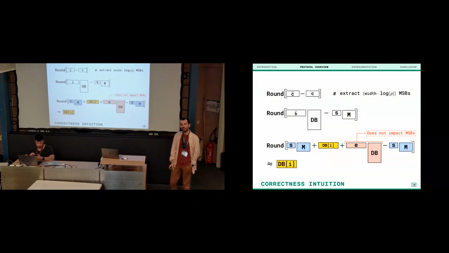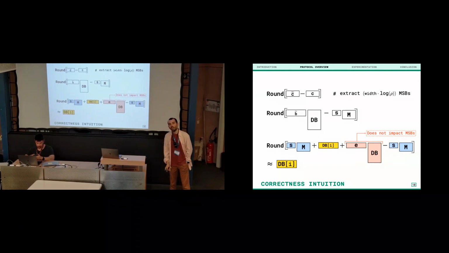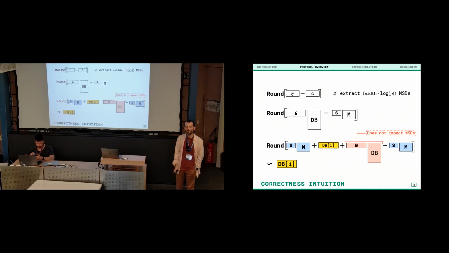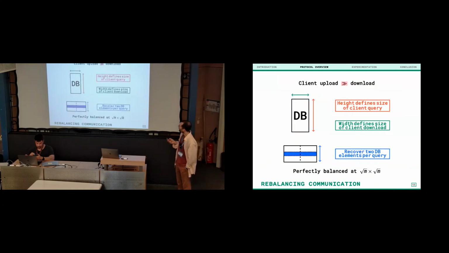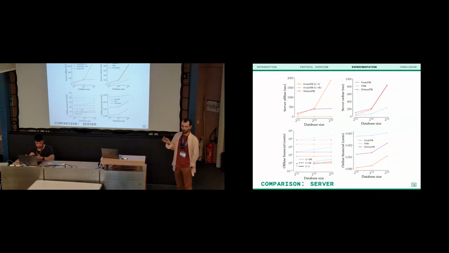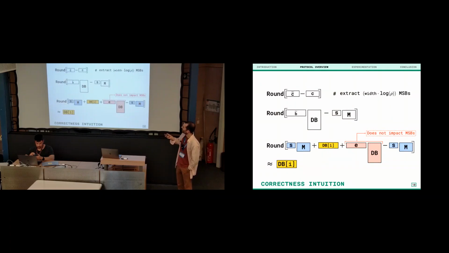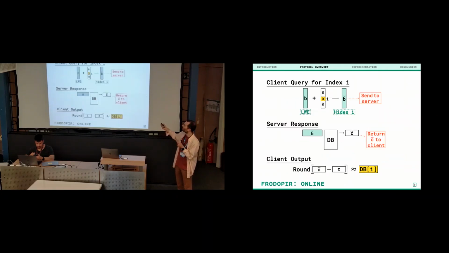In your evaluation, what was the size of the element, and does it have an impact on the overall performance? Yeah. For our evaluation, we assumed everything was 1 kilobyte, but it does have an impact because the database width is essentially the size of these elements. In the online phase, you're just doing this matrix multiplication per column, and all these times are single thread.